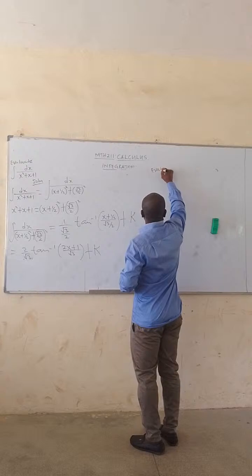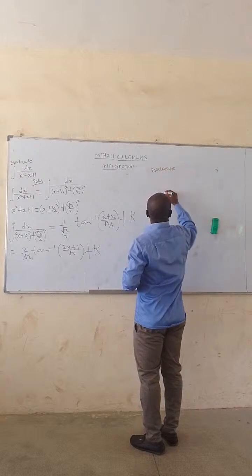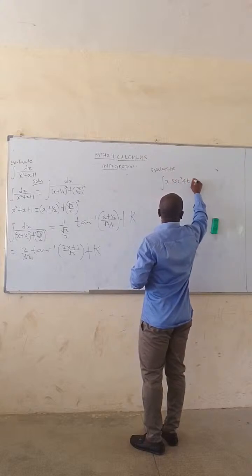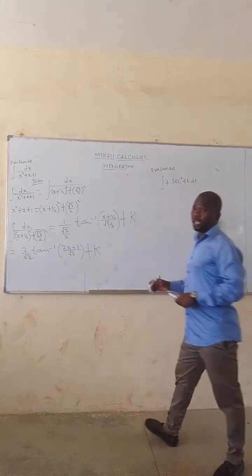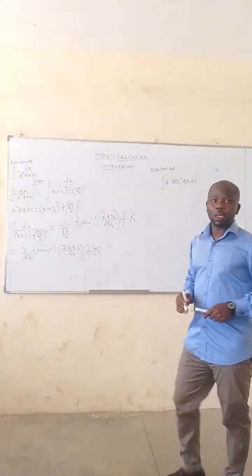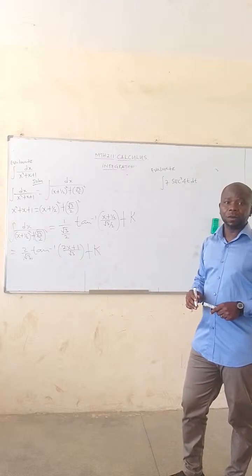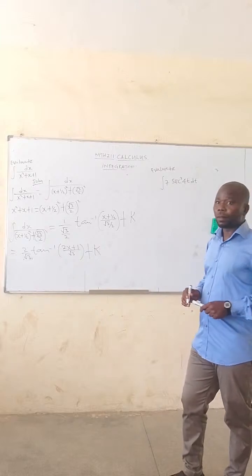you are asked to evaluate the integral of 7 cos 4x dx, what are you supposed to have? Hmm? 1/8. Is that?